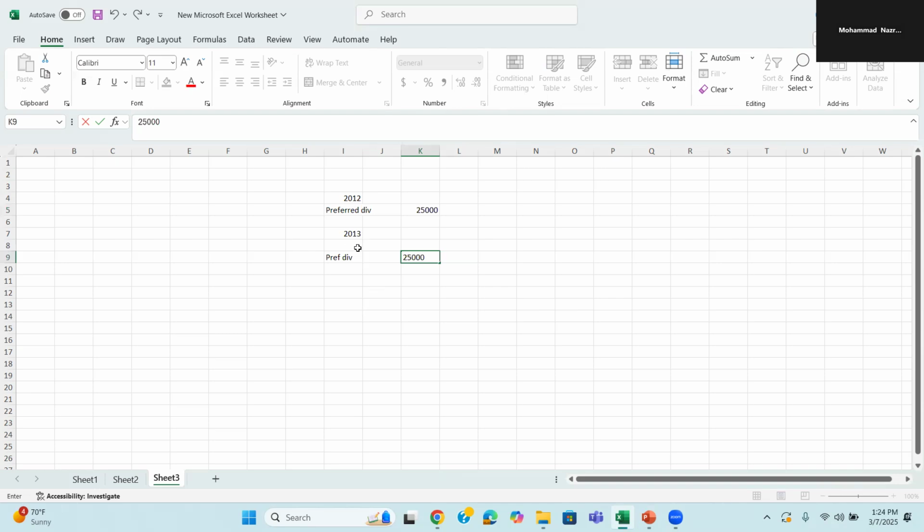This is the due for the same calculation. But what happens here in 2013, you paid dividend, right? So there was total 50,000 there. We'll write the cumulative amount. So total, it should be 50,000, right? So this one plus from 2013, it should be 50,000.